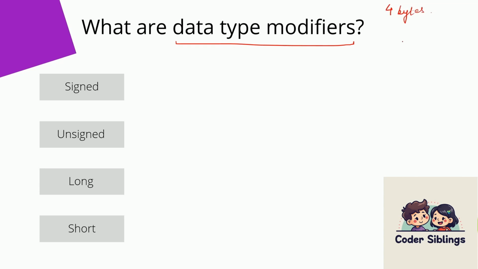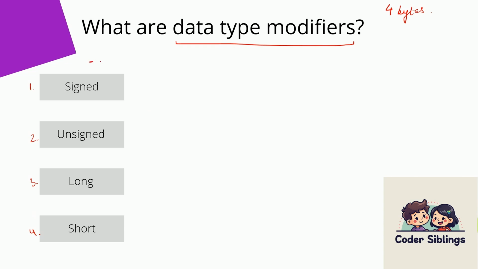And occupies 4 bytes in the memory space. Now that we want to store a larger number than int, can we modify the size of int? So the following that you see, 1, 2, 3, 4, are data type modifiers, and they are used with the built-in data types to modify the length of the data that they hold, right?